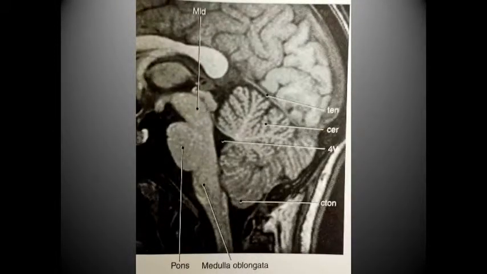Here is a closer demonstration of the posterior segmentation of the brain and the brainstem.